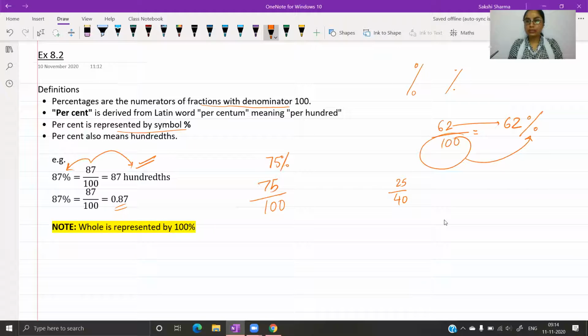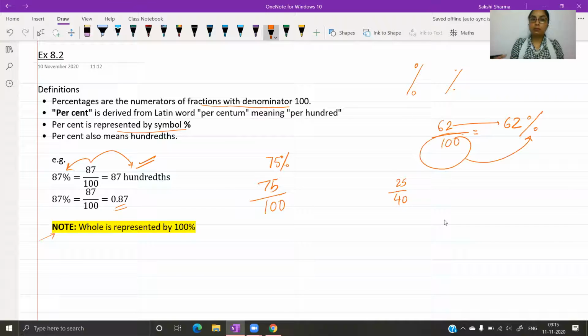Before we start with the exercise, there is one note here. Whole is represented by 100%. So if you want to represent the whole of anything, for example, the number of students in your class, the whole of the class will be represented by 100%. There are people living in a city, some are male, some are female, there are some children.